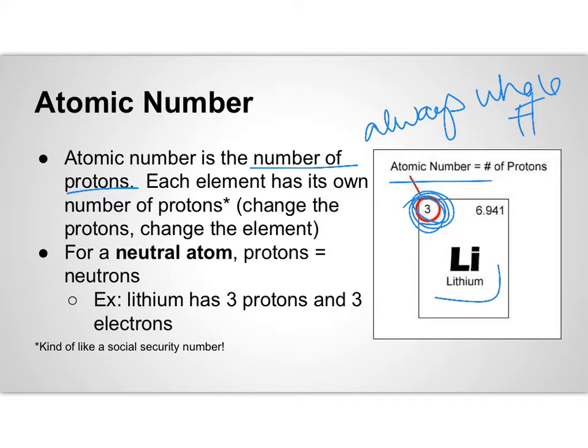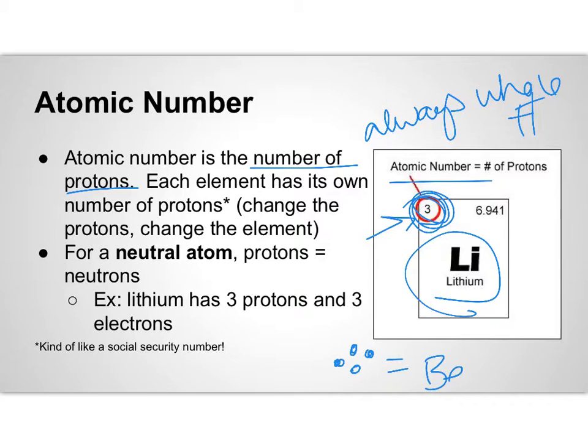So lithium, the atom, has 3 protons and exactly 3 protons. It can't have any more or any less than that, or else it's no longer lithium. So if I say, hey lithium, you have these 3 protons in the center, I'm going to add a 4th one to it, guess what? Now that's beryllium, okay?